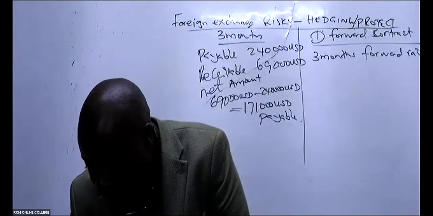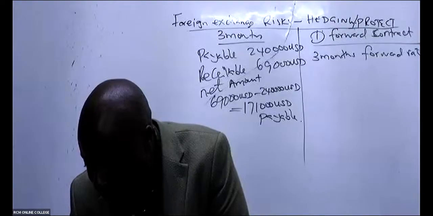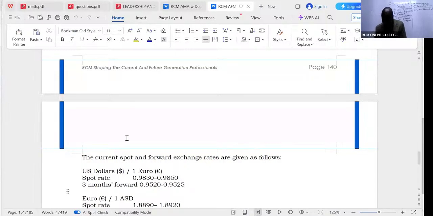The 3 months, not 4 months, forward rate, I can see down there. Don't work with the spot. You can see 3 months forward. Quite an ugly figure: 0.9520 to 0.9525.